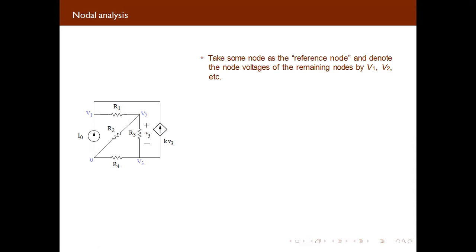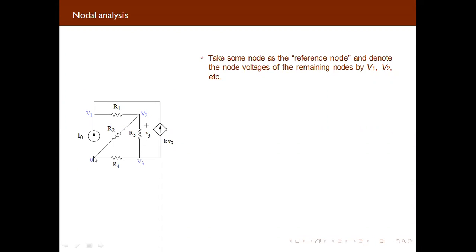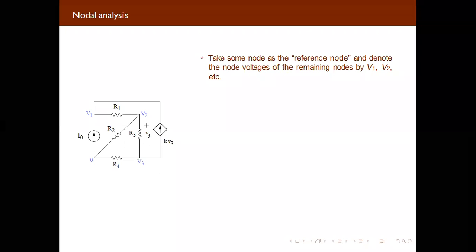We are taking the reference node as this node and we are calling the voltage at the reference node 0 volt. And we are supposed to find the voltage at the remaining nodes. How can we find it? We can assign names to those nodes as V1, V2, V3 as we require.